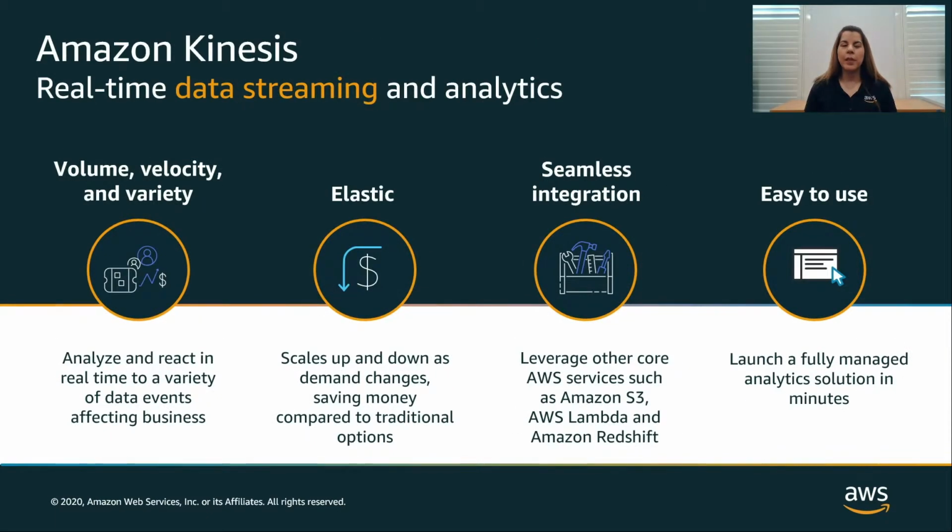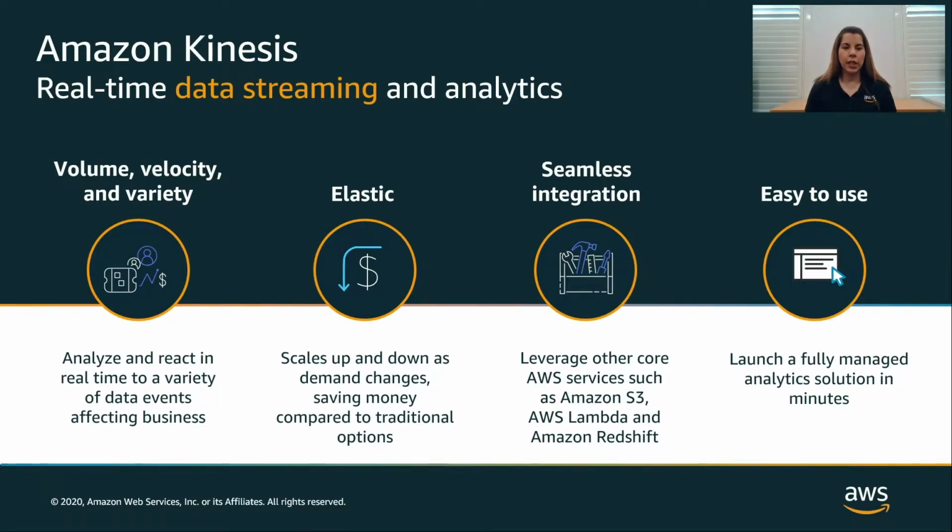Another service that's commonly used for real-time in AWS is Amazon Kinesis. Amazon Kinesis is one of the main services we talk about when it comes to real-time data streaming, and essentially that's because you can use Kinesis for moving data in quick time from one service to another.